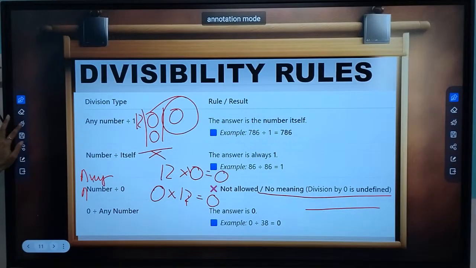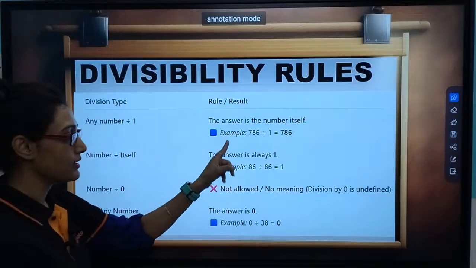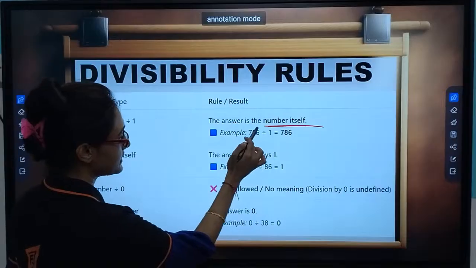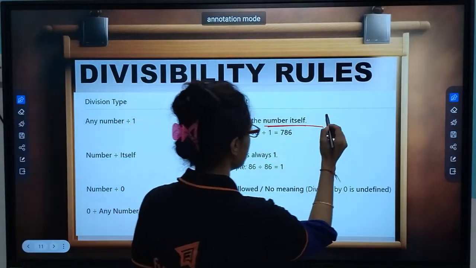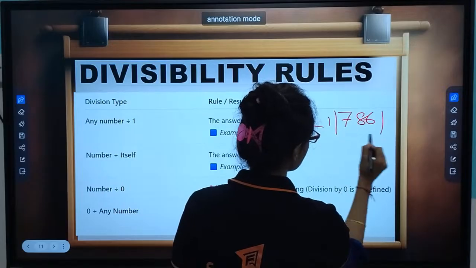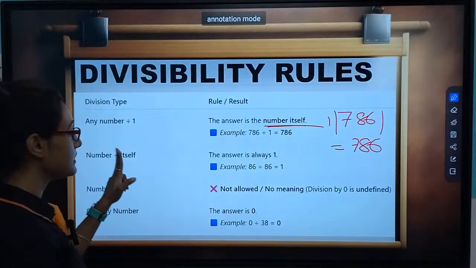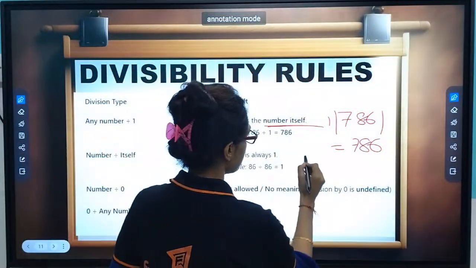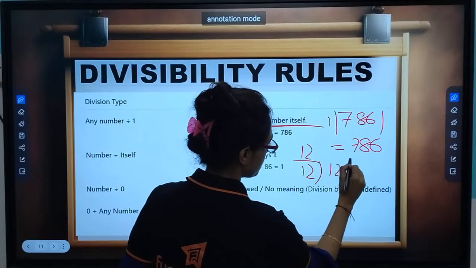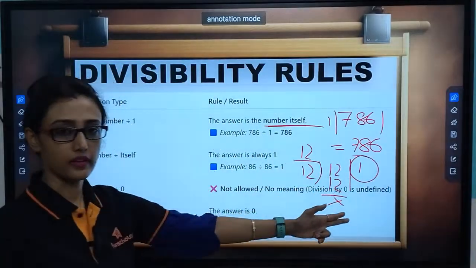I am repeating this once again. Any number divided by 1 is always the number itself. 786 divided by 1 is 786. Any number divided by itself, suppose 12 divided by 12, 12 ones are 12, so the answer is always 1.